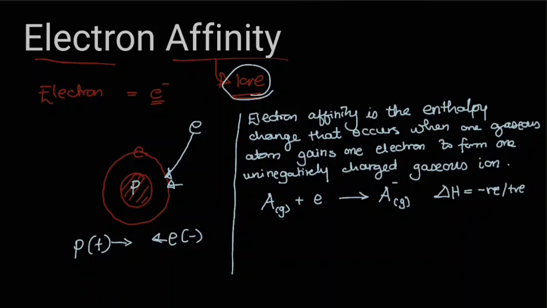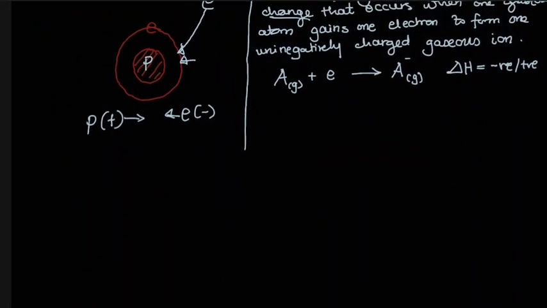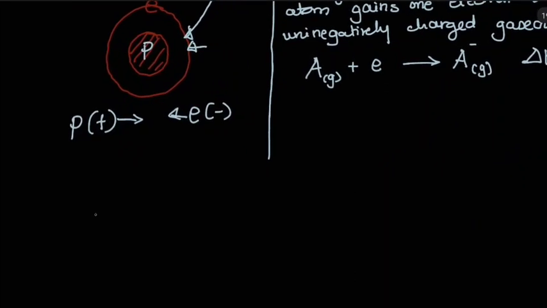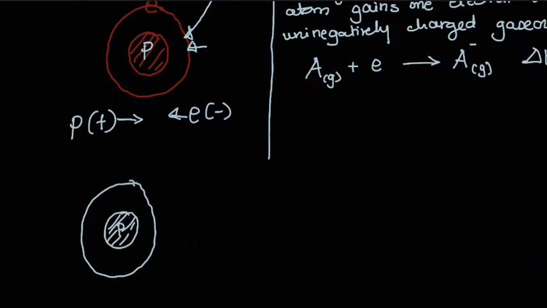Now let's see how this enthalpy change will be positive or negative. When we talk about electron affinity, imagine this scenario. Let's take this same atom. It has only one proton, but now it has two electrons.